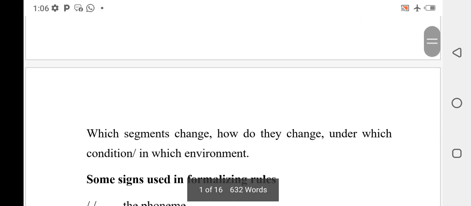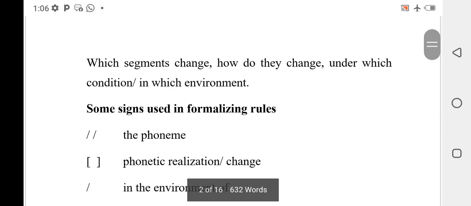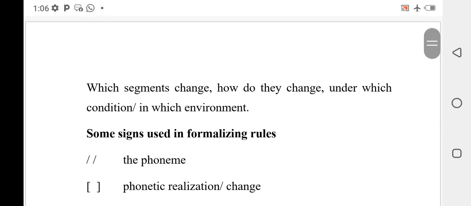So it is important to note these segments, all right, or these abbreviations or signs that could be used in the formalization of P rules. So some of these signs include the slash bracket.